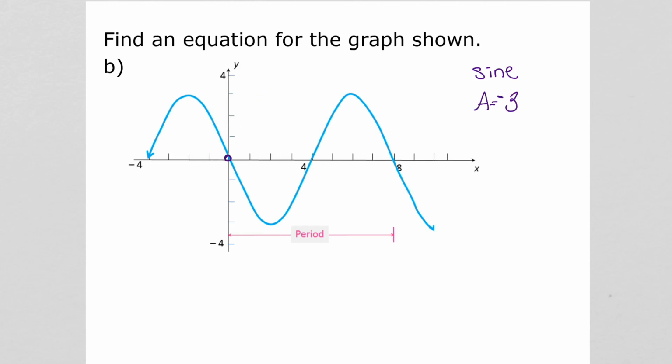And then all we need now is the period. We see the period here is 8. So we're going to set that equal to 2 pi over b and solve for b.